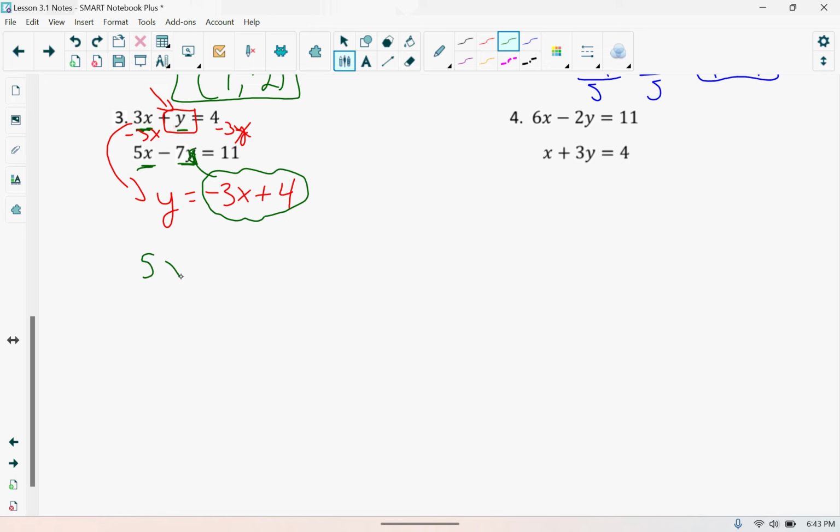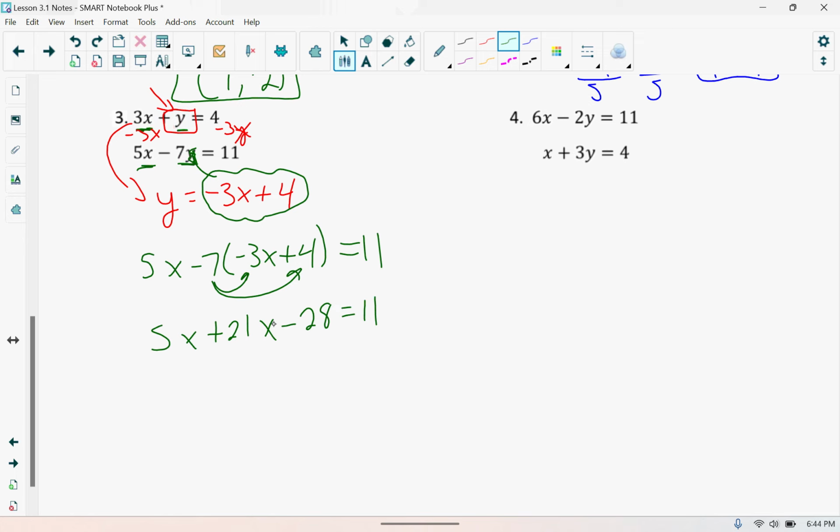So I'm going to say 5x minus 7 times y, oops, is equal to 11. So I'm going to distribute this negative 7, and then just clean it up.